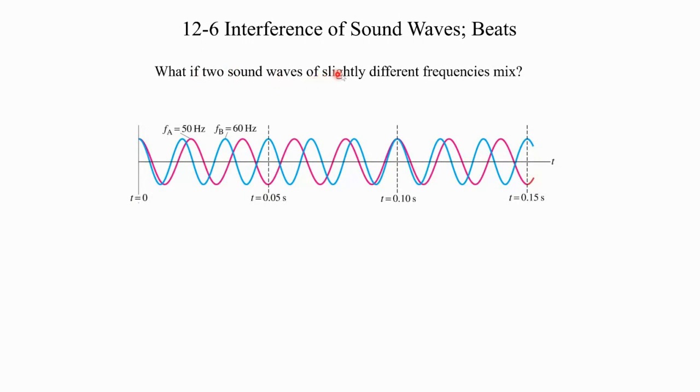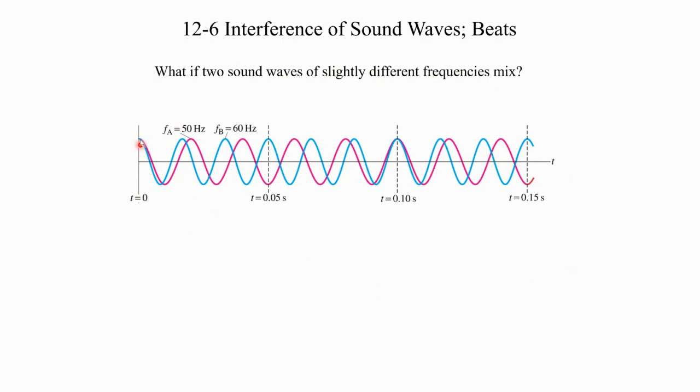So what if two sound waves of slightly different frequency mix together at that point? Two sound waves are coming to the same location in space, but have slightly different frequencies. And so you get something like this. I'm also assuming that the amplitudes of the waves are identical, as you can see here. But in this case, the light blue one is a frequency of 60 hertz, and the red one is 50 hertz.